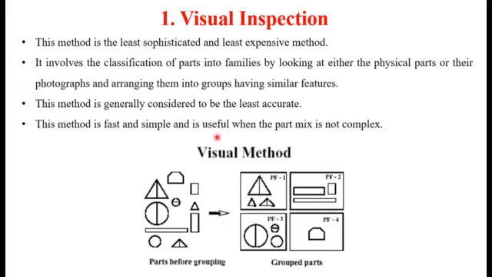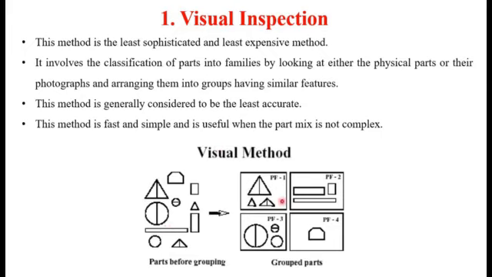So here we can see four part families defined. In the first part family, triangular components are placed here, circular components in the third, rectangular components are placed here, and some other components are placed here. This is after grouping, and this is the parts before grouping.